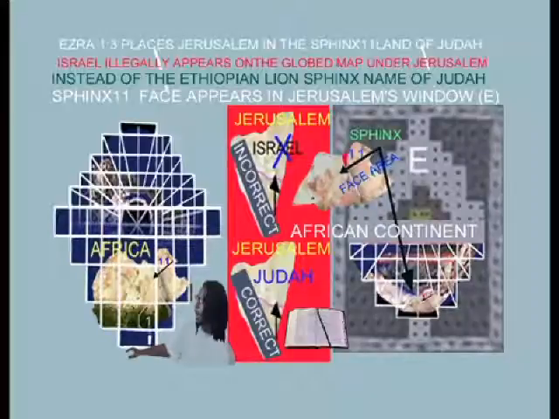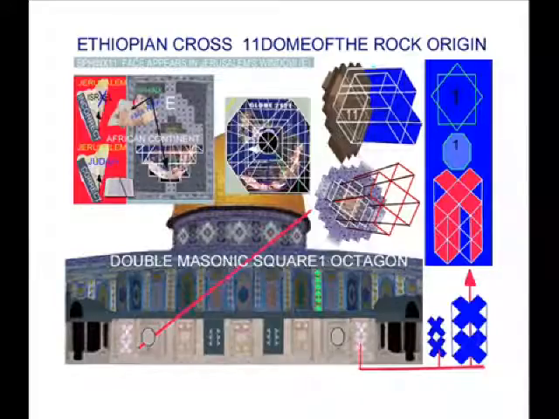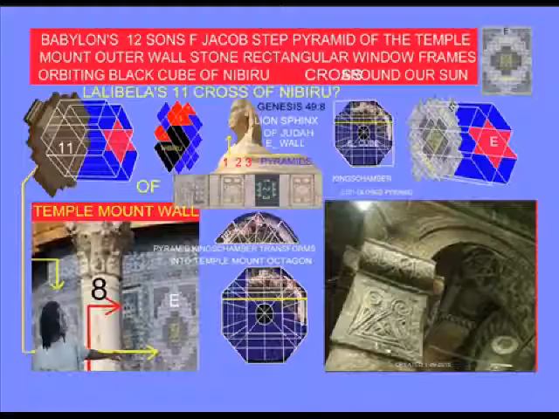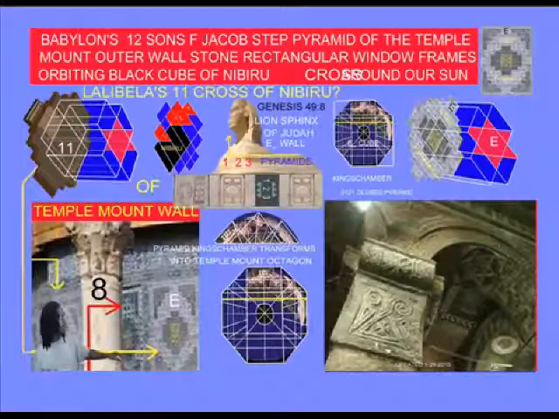As it turns out, we see images of this octagonal building structure that has a golden dome, outer wall, stone rectangular window frame area as step pyramid E images, which actually confirms the step pyramid base that surrounds a stone cross-shaped building structure in Lalibela.